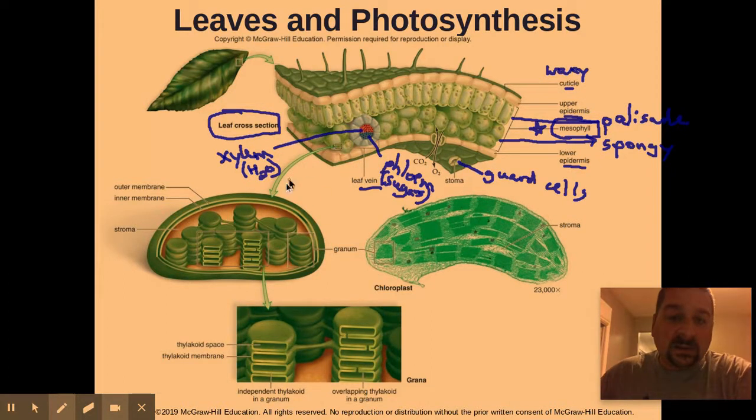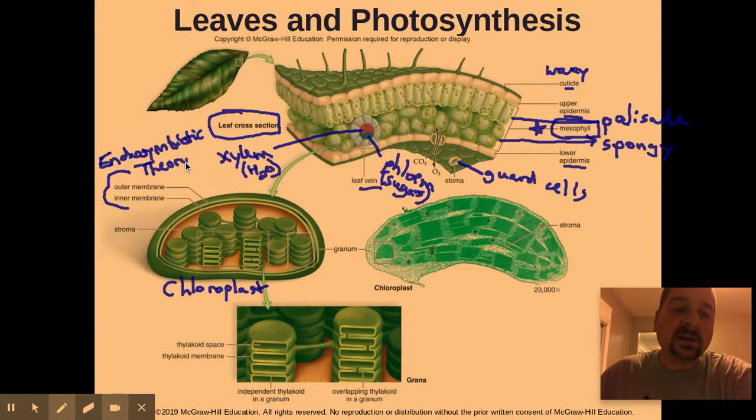If we look at a chloroplast, here's a cross section of a chloroplast. Some terms to be familiar with. Notice it has an outer and an inner membrane we talked about in class, which can refer back to the endosymbiotic theory, that it was once engulfed. It was its own little prokaryote, and then it was engulfed and made into a eukaryotic organelle.